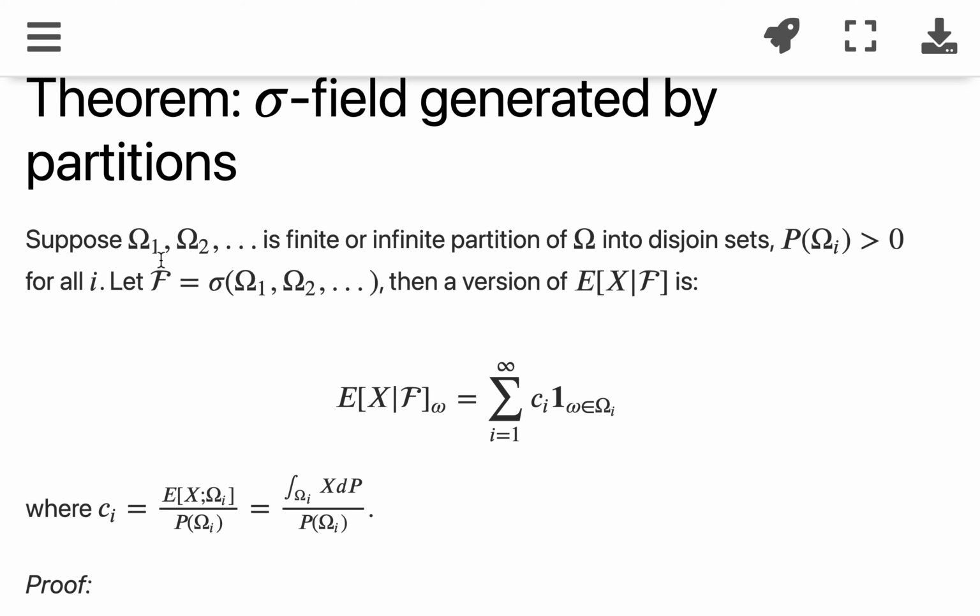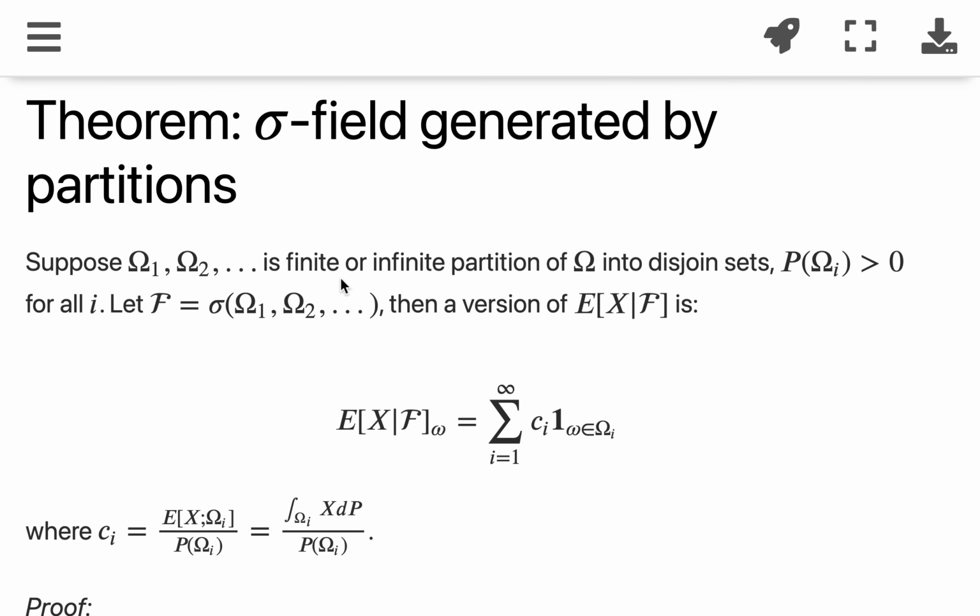For example, if omega 1, omega 2, and so on is a countable, finite or infinite partition of this sample space omega, and also the probability of each omega i is greater than 0, then what is the representation of the expected value of X given F?